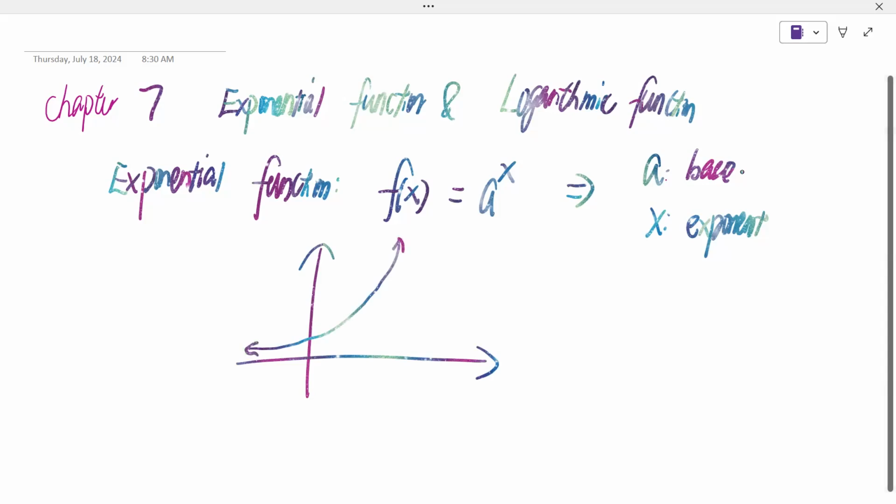The first thing about this function is that the x-axis is what we call the horizontal asymptote, right? So the x-axis is the horizontal asymptote.